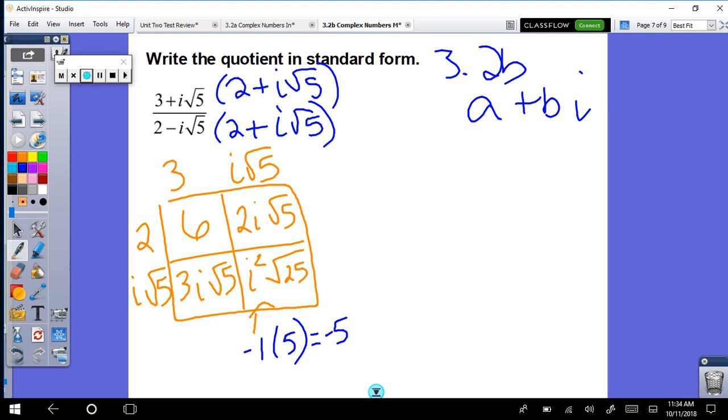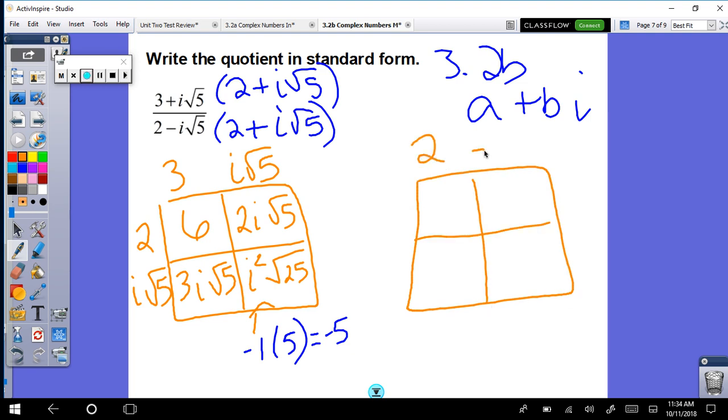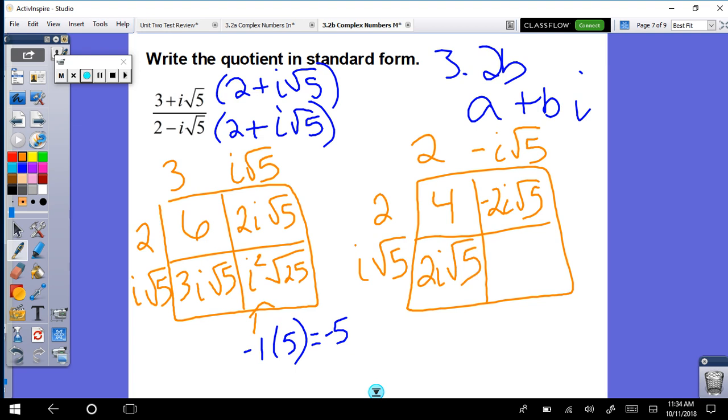All right, on the other side, on the bottom here, we have 2 minus i square roots of 5 and 2 plus i square roots of 5. So 2 times 2 is 4. 2 times -i square roots of 5 is going to be -2i square roots of 5. 2 times +i square roots of 5 is 2i square roots of 5.